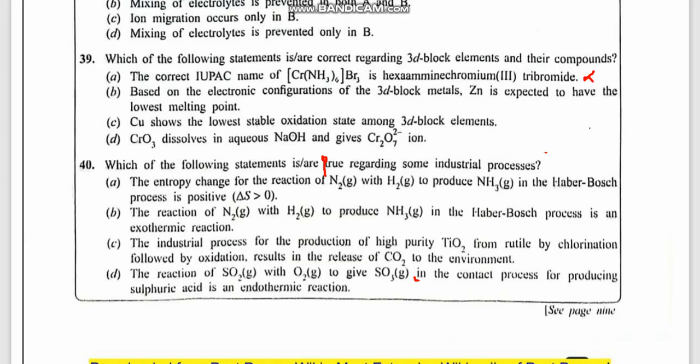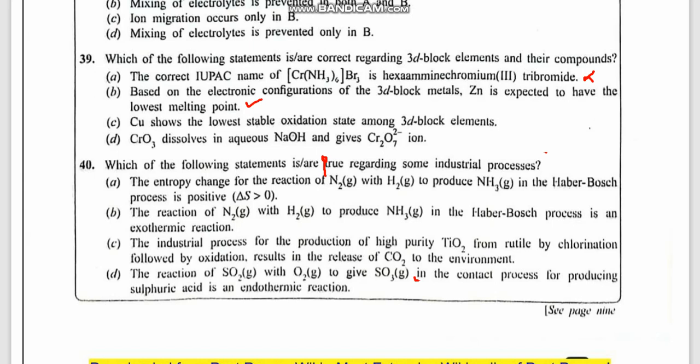Therefore, this is wrong. Based on the electronic configuration of the 3d block elements, zinc is expected to have the lowest melting point. In the d block elements, we especially study the melting point. The lowest melting point is for zinc, second lowest is copper, highest is for vanadium. Therefore that's correct. Copper shows the lowest stable oxidation state among the 3d block elements.